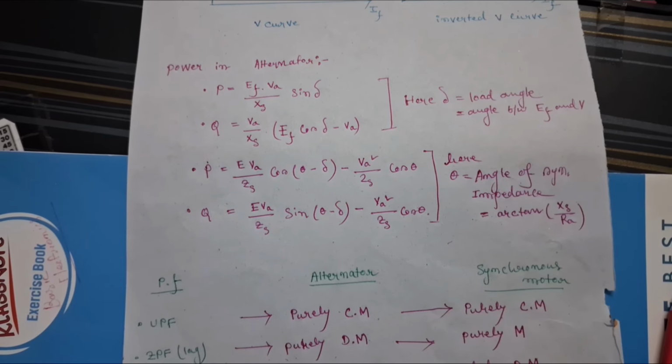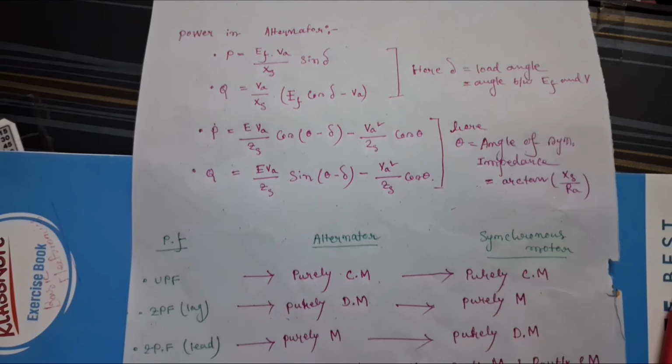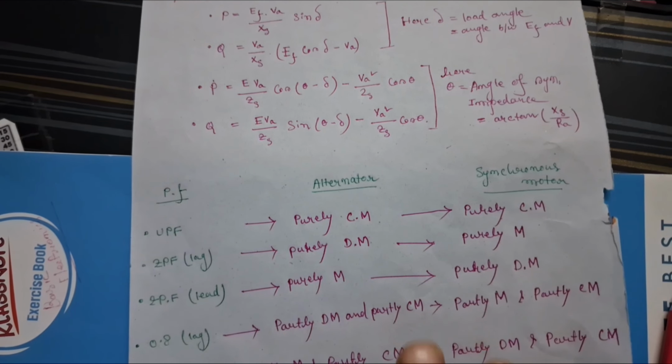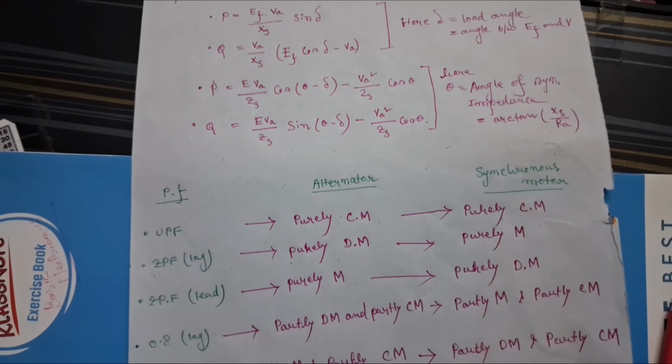Here CM is cross magnetization. In zero power factor lagging, the alternator works as purely DM. DM means demagnetization. And synchronous motor works in purely magnetization. In zero power factor leading, the alternator works in purely magnetization and synchronous motor works in purely demagnetization.